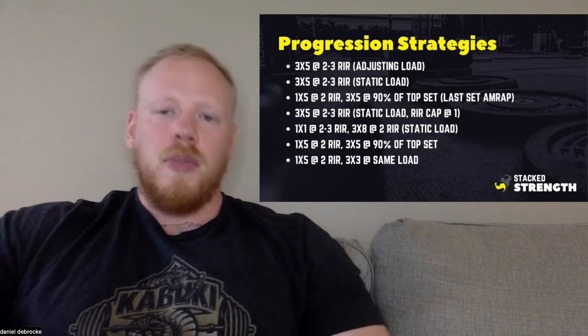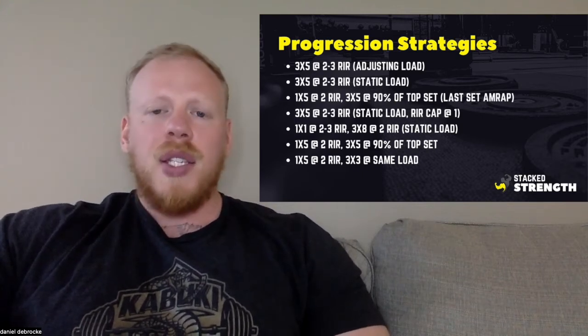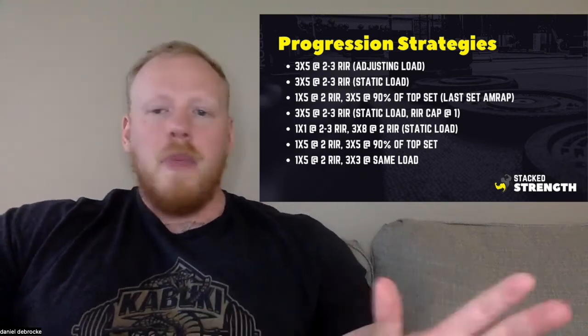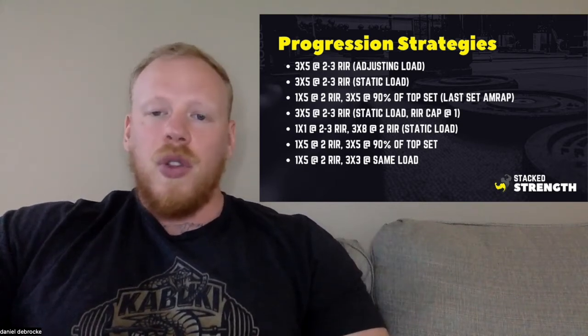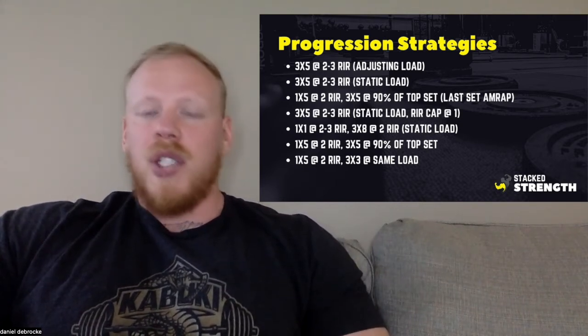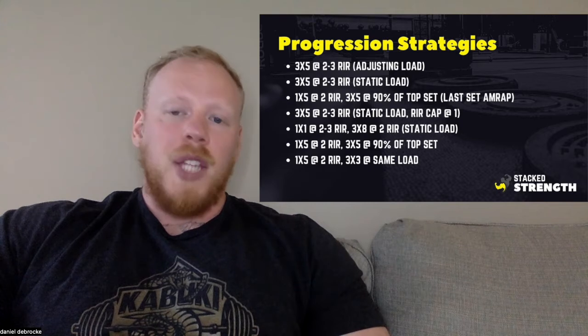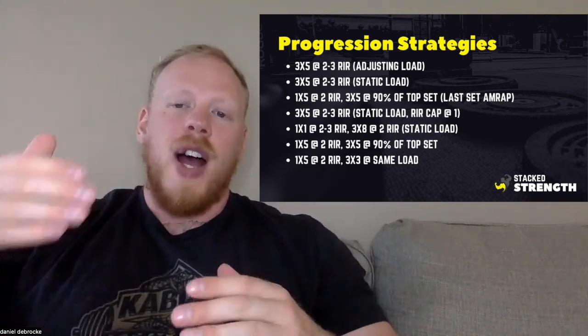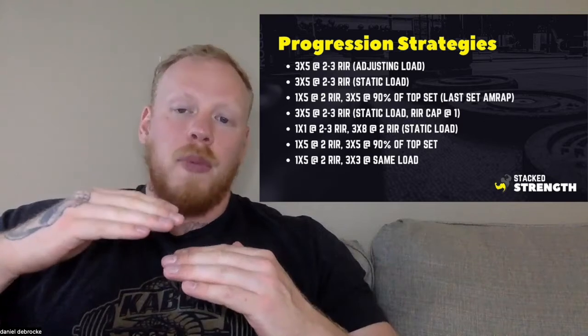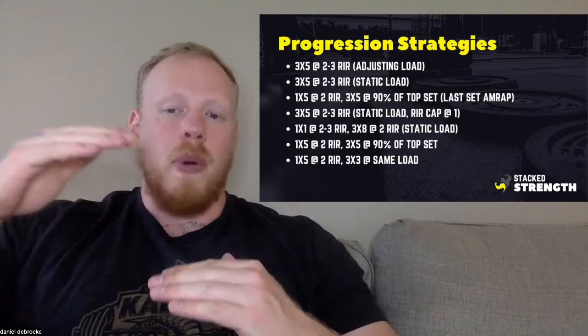Okay, so the first progression strategy is utilizing a very basic set and rep strategy. We're going to do 3 sets of 5 at 2 to 3 reps in reserve, adjusting the load. What that means is, if I do 3 sets of 5, fatigue is going to accumulate with every set, which makes each subsequent set feel a little more difficult.